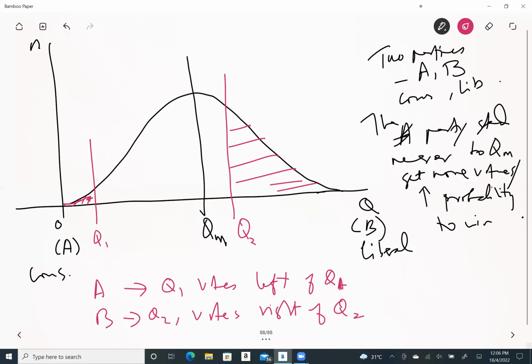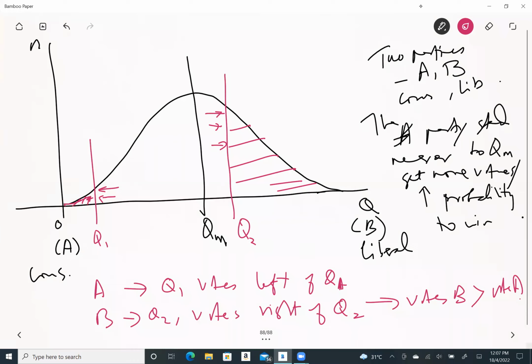So you can see here the vote for B is bigger than the vote for A. Anybody in the middle? These people may vote B, and some of these people may vote A. So who has a higher probability of winning? B. When A realizes that, A won't sit still.